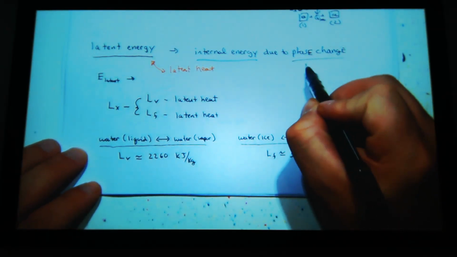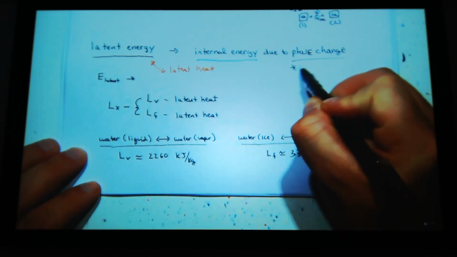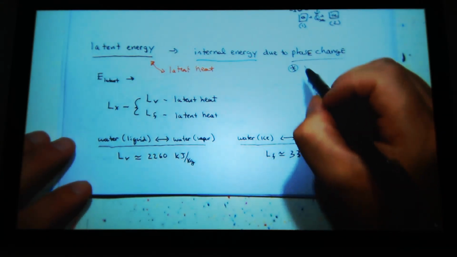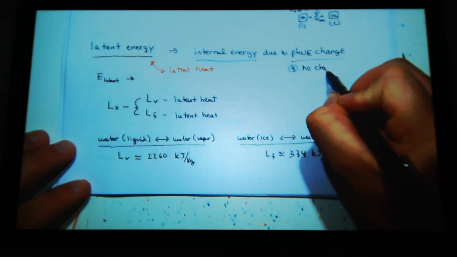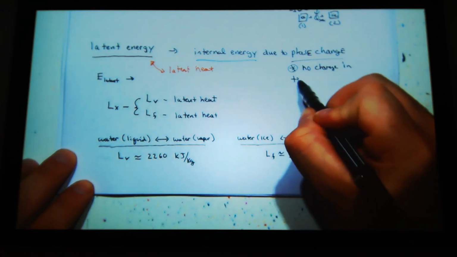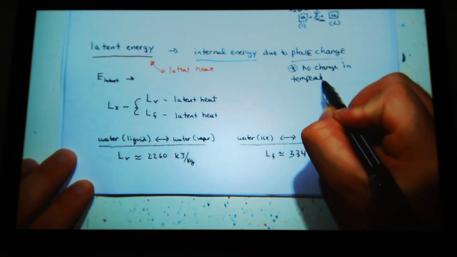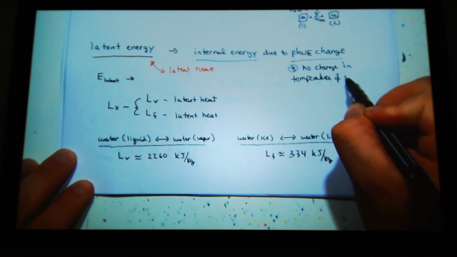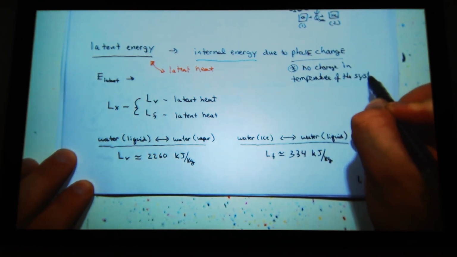So when I have a phase change, from a thermodynamics perspective, there is no change in temperature of the system.